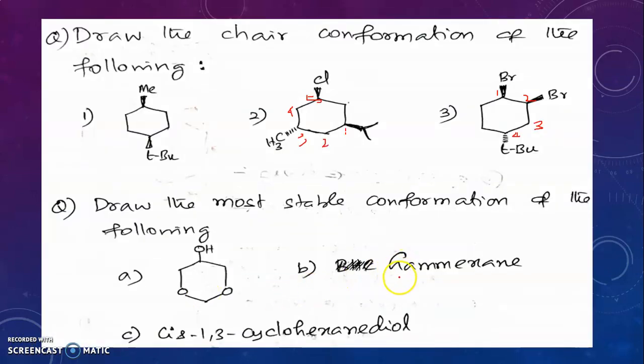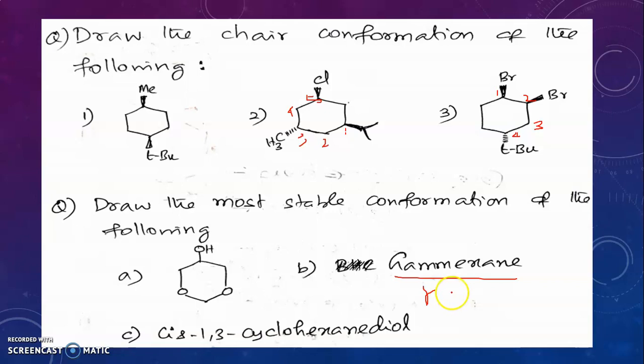Then the next question is, what is the conformation of gamexene? What is gamexene? Hexachlorocyclohexane, it's called gamexene. But hexachlorocyclohexane has many isomers, many conformational structures. Gamexene is actually the gamma isomer of hexachlorocyclohexane.